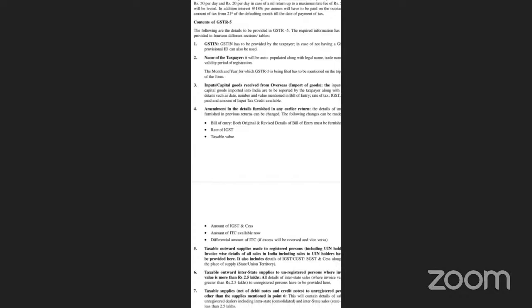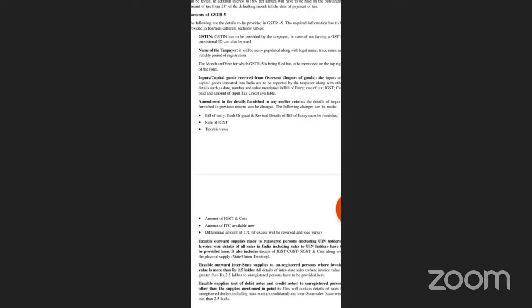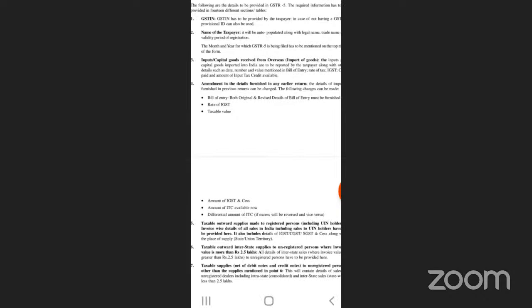Taxable outward supply made to a registered person, and in case of interstate supplies by an unregistered person, or a debit note or a credit note, and whatever may be the amount which is less than 2.5 lakhs, all these details are supposed to be stated in GST 5.